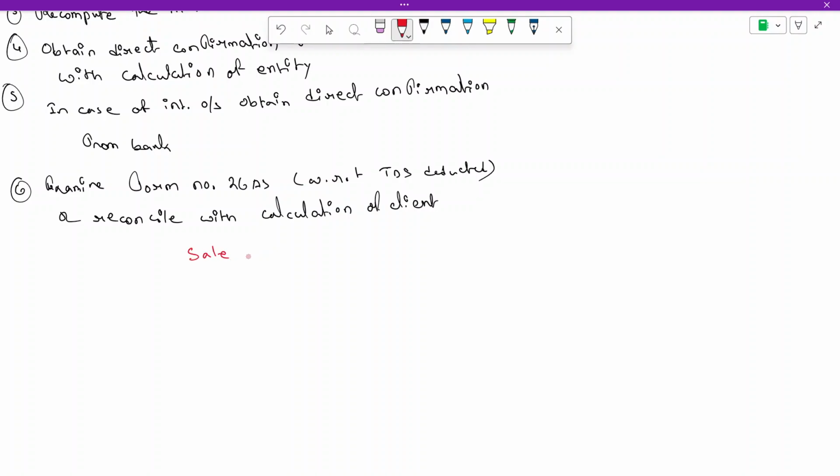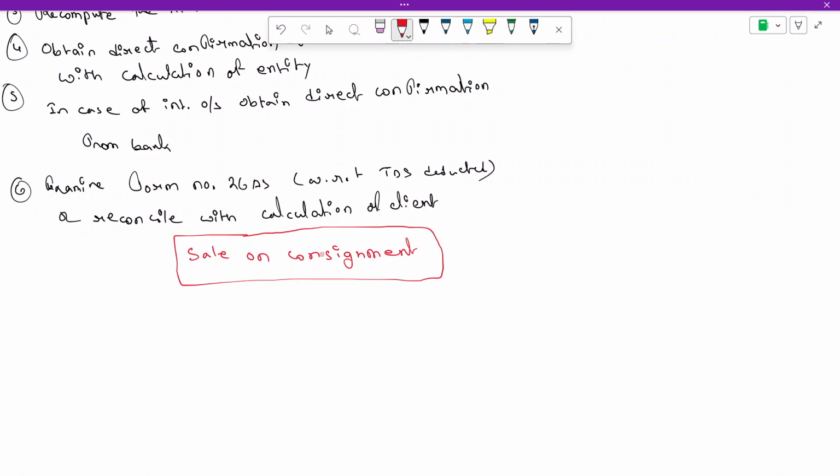Now, sale on consignment. It is the last part of income. Then the expenses part will start, and we already discussed the audit of purchases with audit of sales.